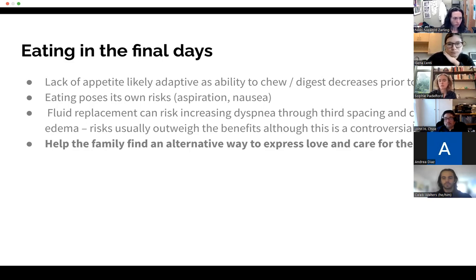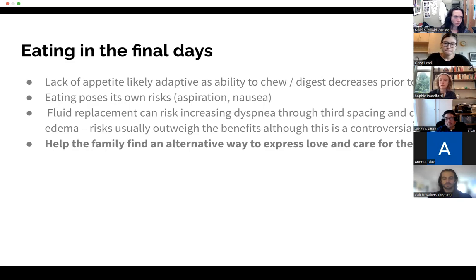Because specifically when people are getting close to death, their muscular tone decreases, as we saw in the decreased labial folds tone. Their cranial nerve reflexes decrease, and they usually lose their gag reflex. They often have decreased transit time in the gut. So forcing someone to eat puts them at both a very high risk of aspiration and quite high risk of nausea.